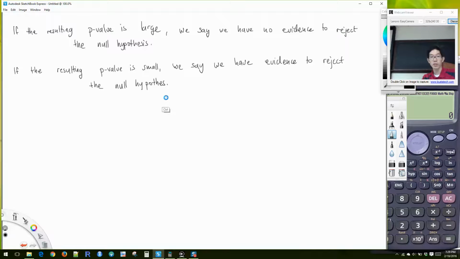Notice when we say not rejecting the null hypothesis, that is not the same thing as accepting the null hypothesis.